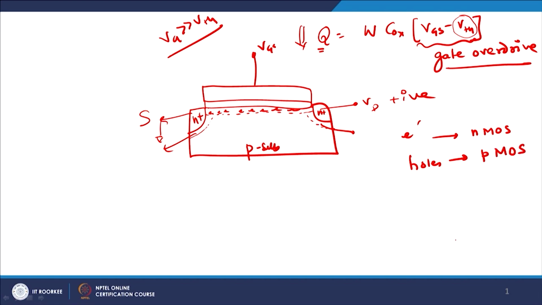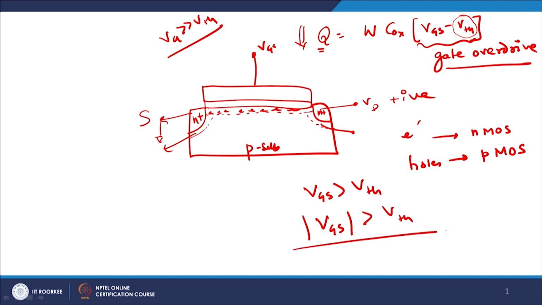In case of an N MOSFET, as I discussed with you, the gate voltage should be greater than threshold, whereas for a PMOS the mod of the gate voltage should be greater than or equal to the threshold voltage of the device, right.